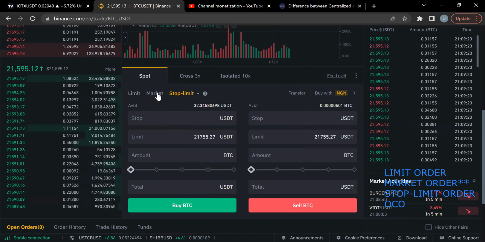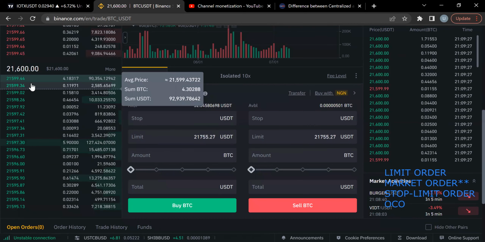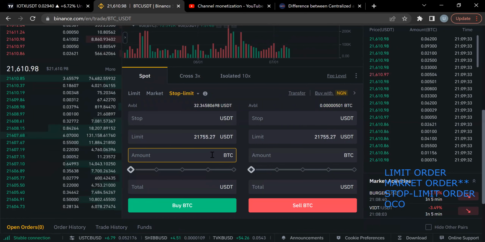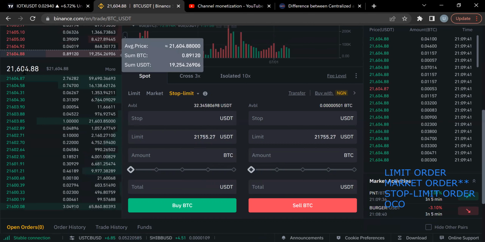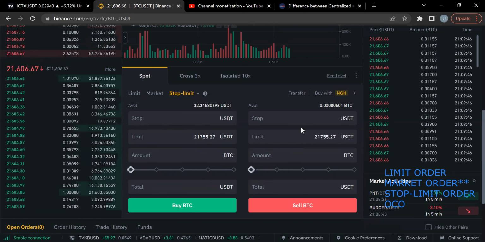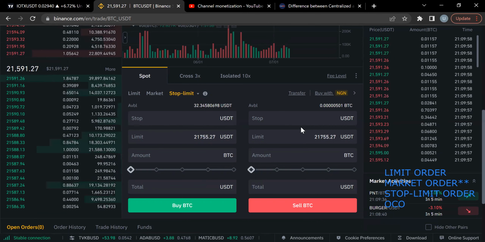Maybe you believe that if Bitcoin goes above 25,000, you have done your analysis, and you get to a conclusion that if Bitcoin goes above 25,000, definitely it's going to go to 100,000. Yes, you understand. But your trigger for that buy is that it must get to 25,000 first. But you don't want to sit in front of your system all day waiting for it to get to 25,000.